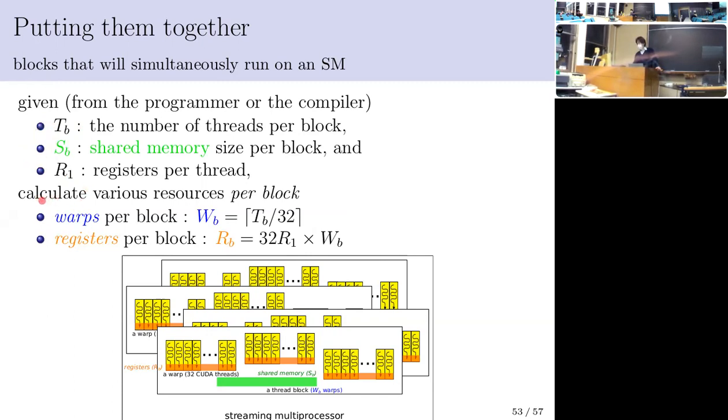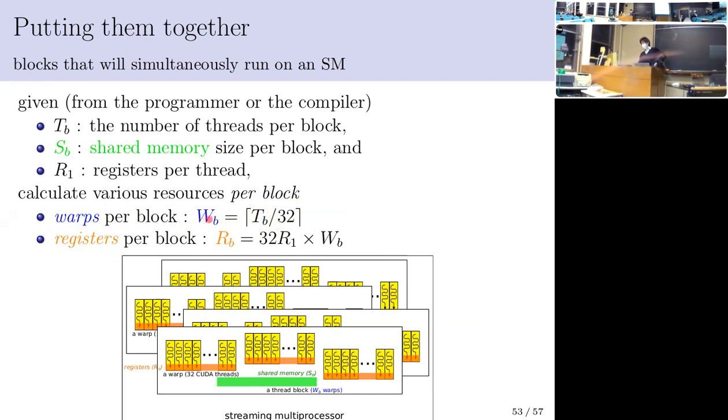To that end, it first translates to the resource requirement per block. It first calculates the number of warps per block, WB, which is simply the number of threads per block divided by the warp size, which is 32, but divisions are rounded up. So a fraction is taken as a whole unit 1.